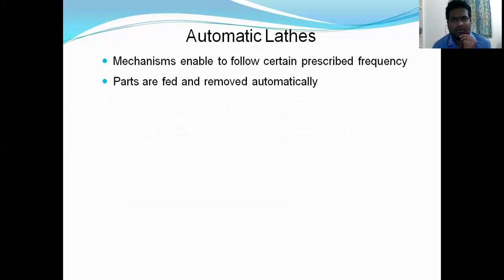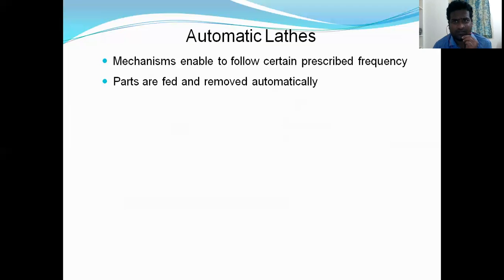So mechanisms are enabled to follow a certain prescribed frequency. With some frequency they are moved. If we do not have that frequency, there is no controlling while doing the machining operation, because the mechanisms are moving by themselves. There is no skilled labor and no operator; they are working automatically.